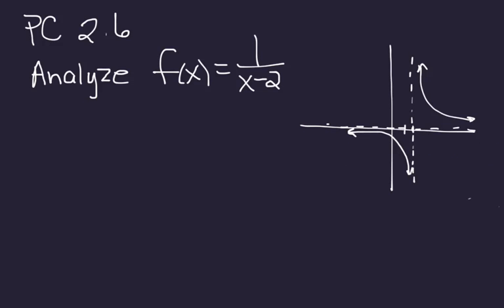Now, all of these things are interconnected. Whenever you analyze a rational function, you have to do the asymptotes first, because they're going to affect 5 of the 8 pieces that you're going to write down, in some way, shape, or form. What's the domain of this? No, 2.